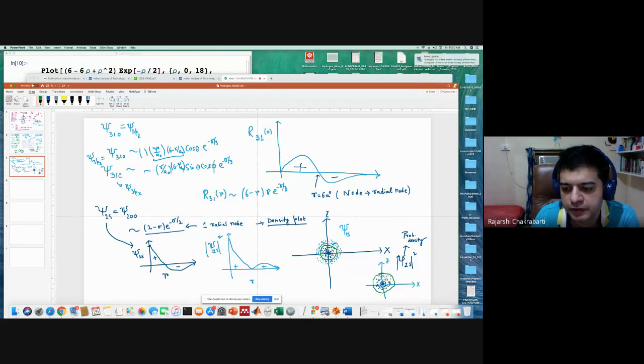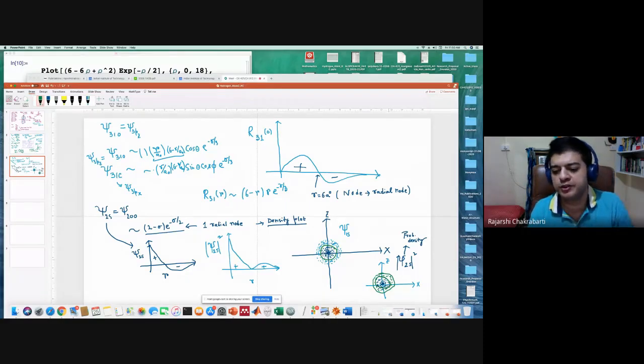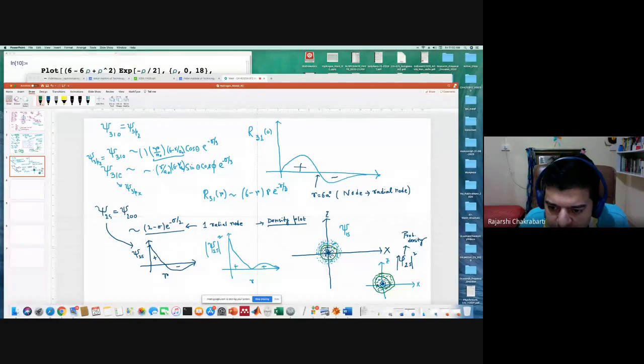So I have this and then this. But here you don't need to put plus or minus because you are plotting something which is always positive. But here you have to put this. This is plus and this is minus.